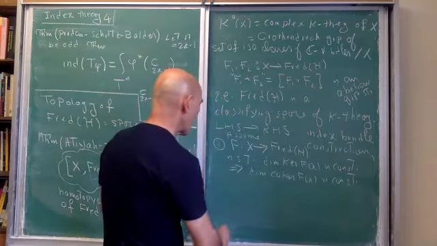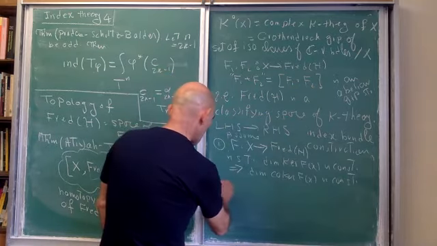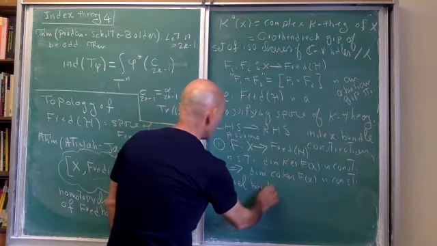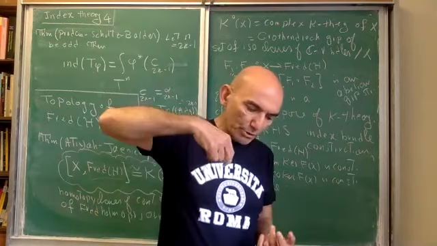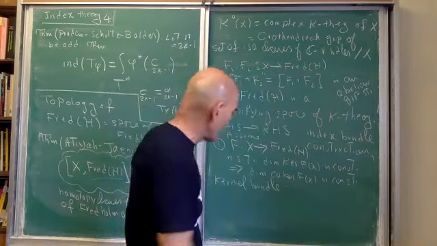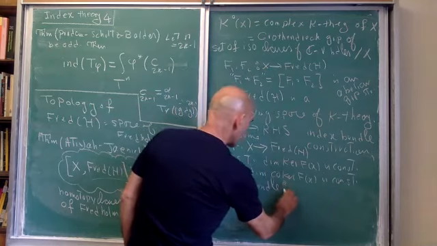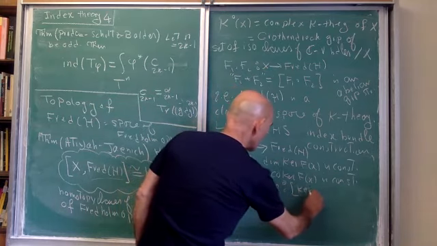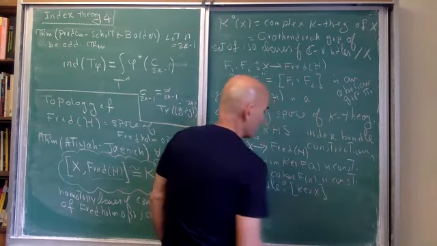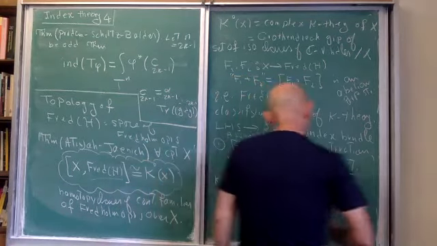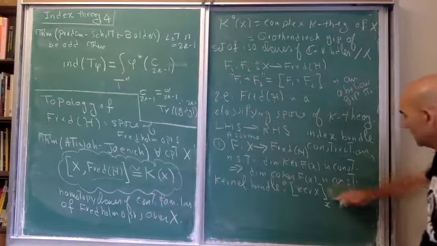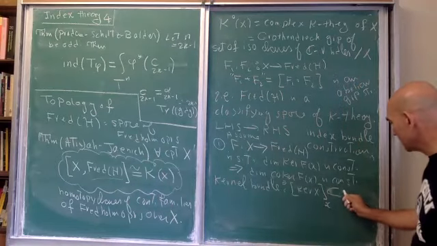Then you can define a bundle, the kernel bundle. So we elevate everything from numbers to the level of vector bundles now. The kernel bundle is so defined, maybe denoted by ker f. It is a sub-bundle of this trivial Hilbert bundle.